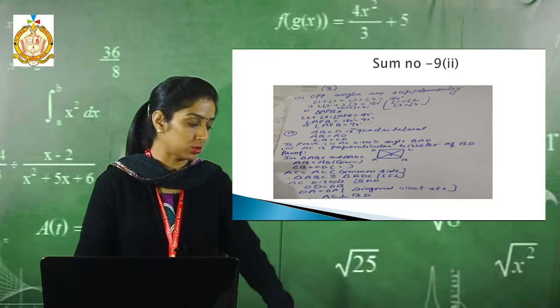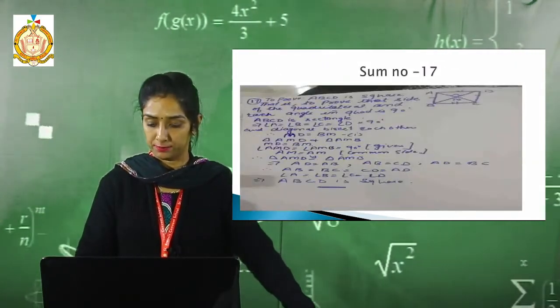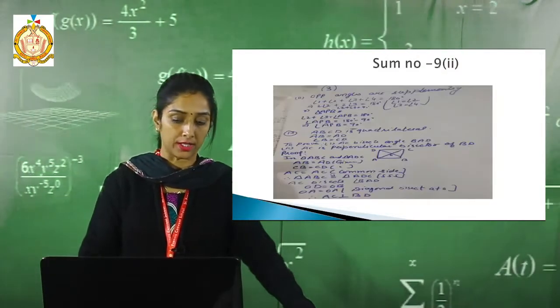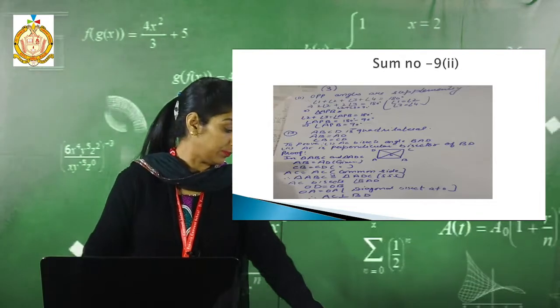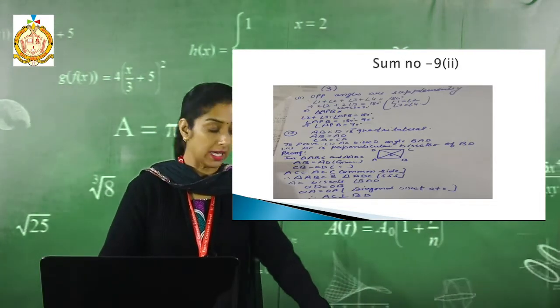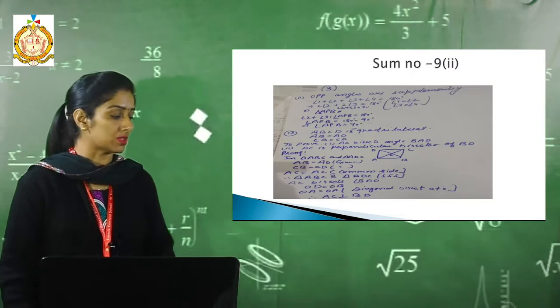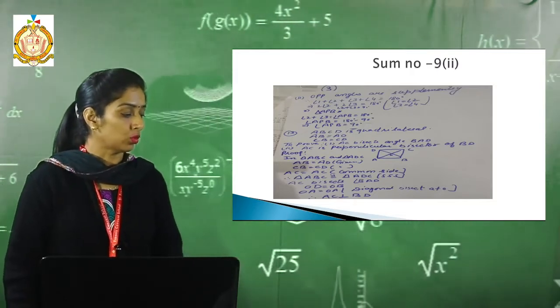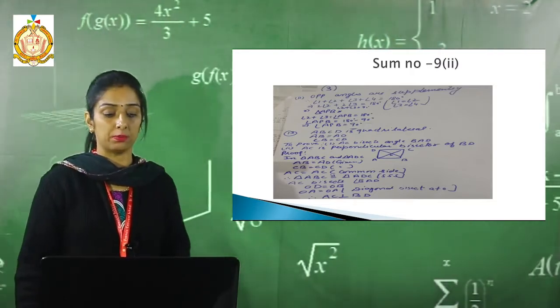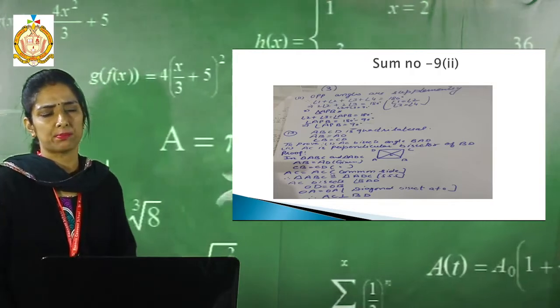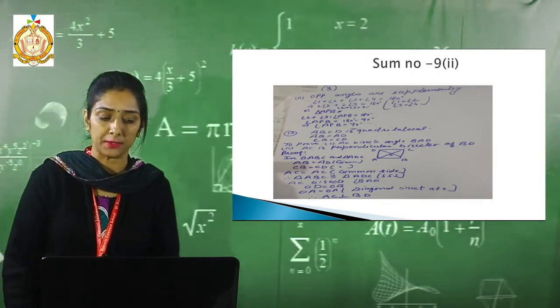Now come to the 13th question. In a quadrilateral ABCD, AB is equal to AD and CB is equal to CD. Prove that AC bisects angle BAD. Now very simple question. ABCD is a quadrilateral.